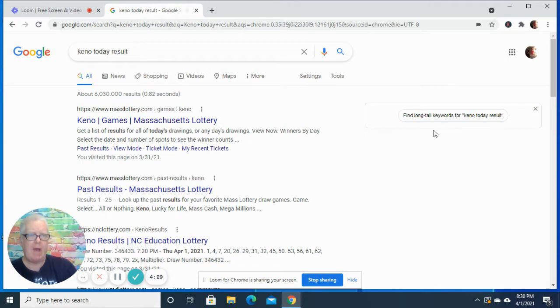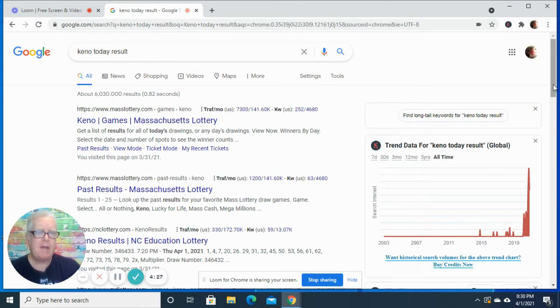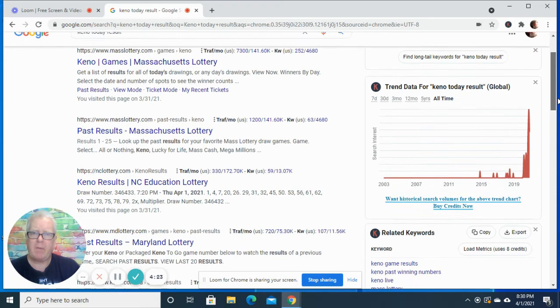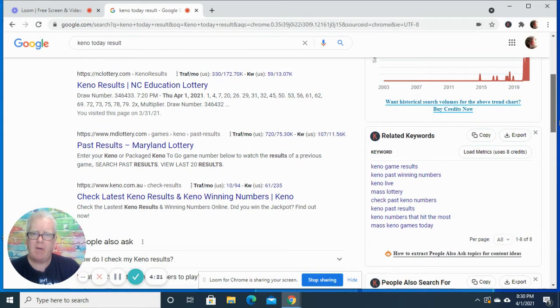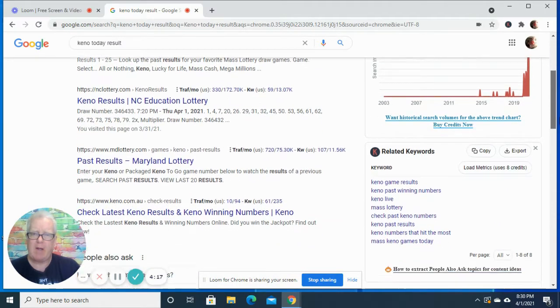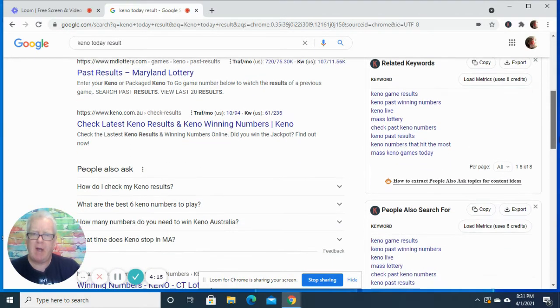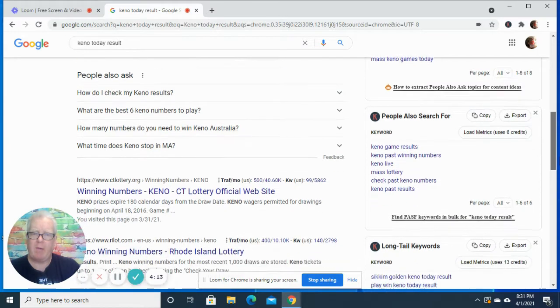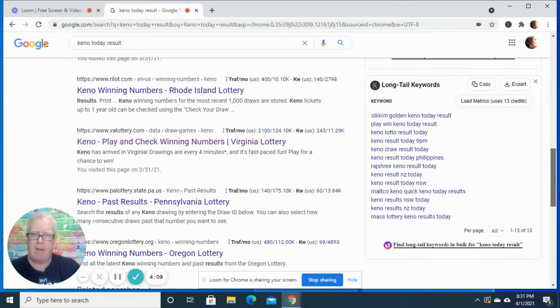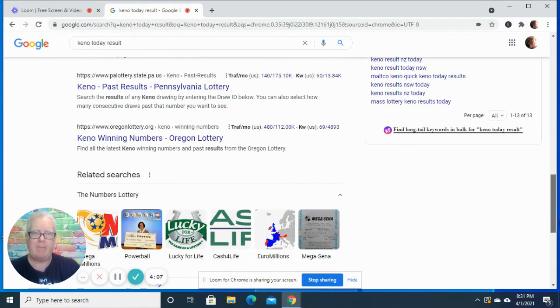Now what this does is it gives us all the results from the different states for Keno. So we got Massachusetts, North Carolina, Maryland, Rhode Island, Virginia, Pennsylvania, Oregon.